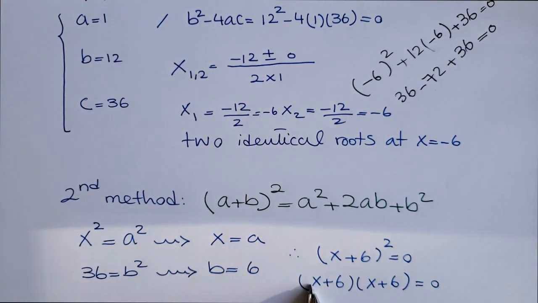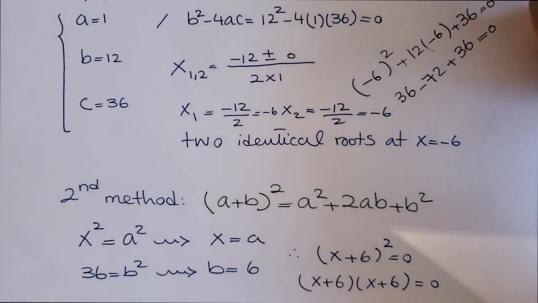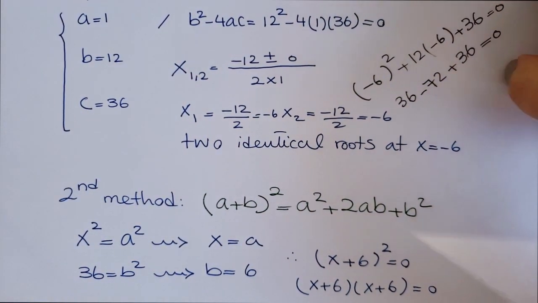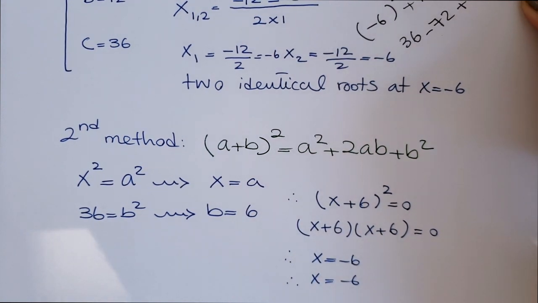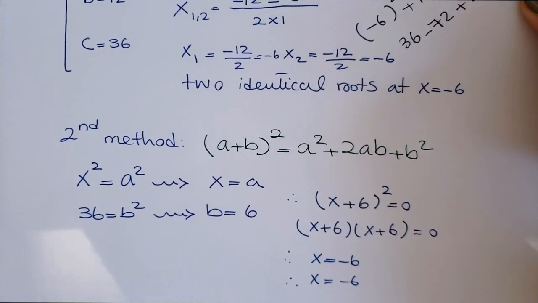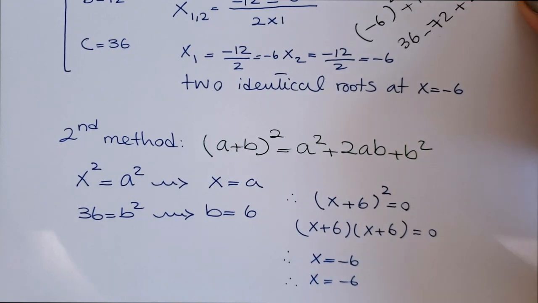When a multiplied by b is 0, that means either a is 0 or b is 0. Okay, if a is 0, the answer would be -6. If b is 0, the answer would be again -6, which is exactly the same answer that we got from the quadratic formula. Two identical roots located at -6.